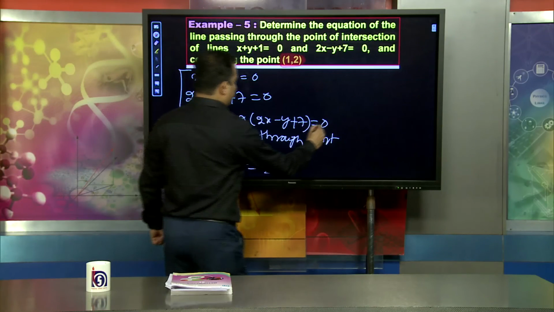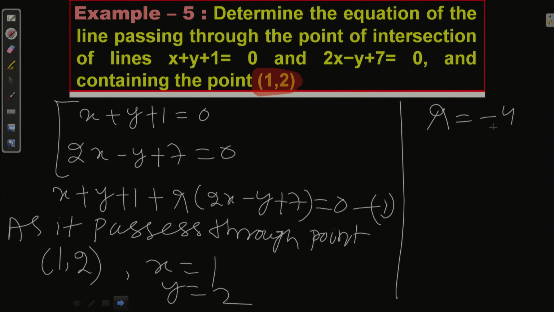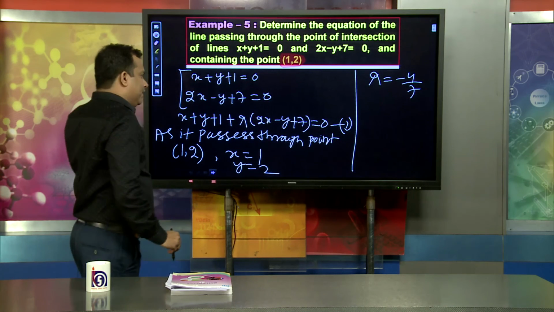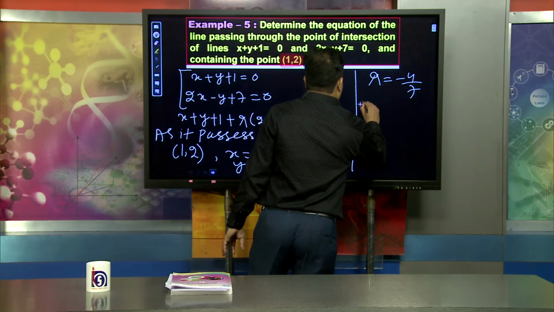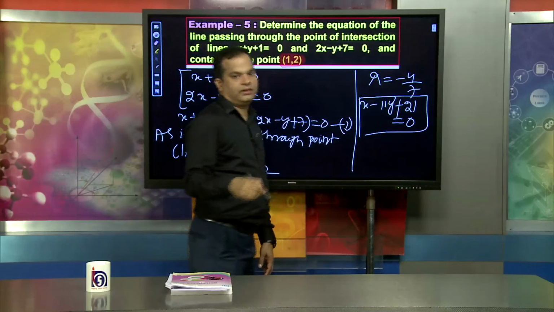Then, suppose this is equation I, you will find the value of lambda equal to minus 4 by 7. When lambda equals minus 4 by 7 and we put it in the original equation, you will find x minus 11y plus 21 equal to 0 when you solve this equation.